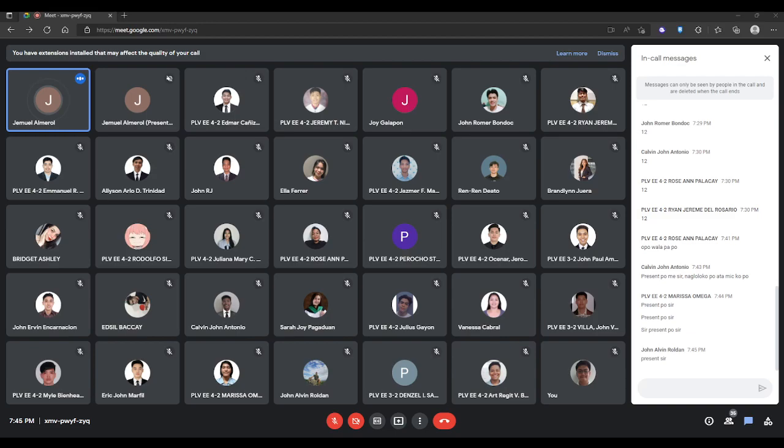Siringan. Present po. Trinidad. Si Trinidad, ayun, and Villa. Hindi pala. Present po, sir. O baka nasa present po.